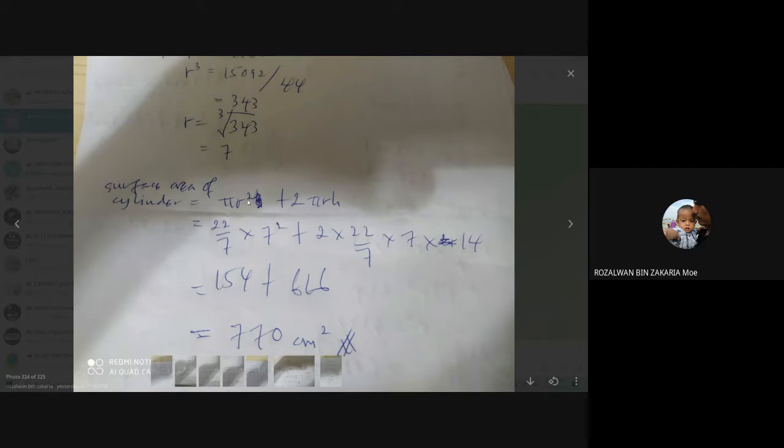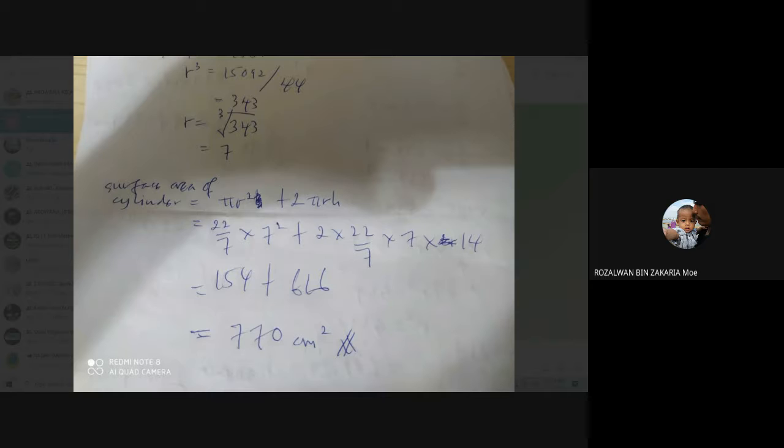It is open, so that's why no 2 here. For a normal cylinder, there are 2 surfaces in the form of a circle. The area of a circle is pi r squared. So 2 of them gives 2 pi r squared.